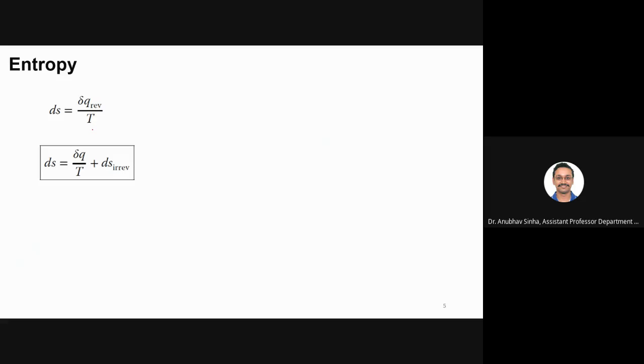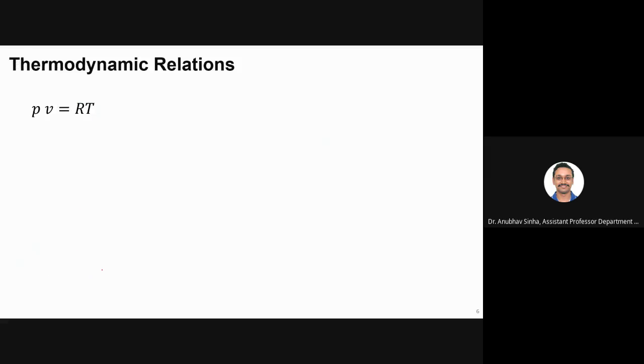And for an irreversible process, you can write that dq by t plus some entropy will be generated, or which is lost to the ambient environment. So in general, you can say that ds is greater than or equal to dq by t, or in general, for a system, entropy is always increasing. That is the basic underlying principle for the second law of thermodynamics.